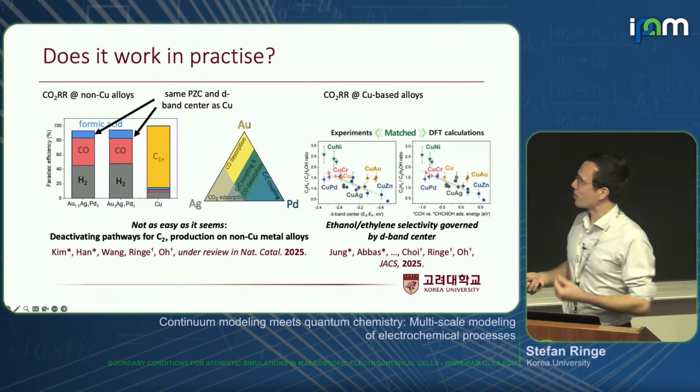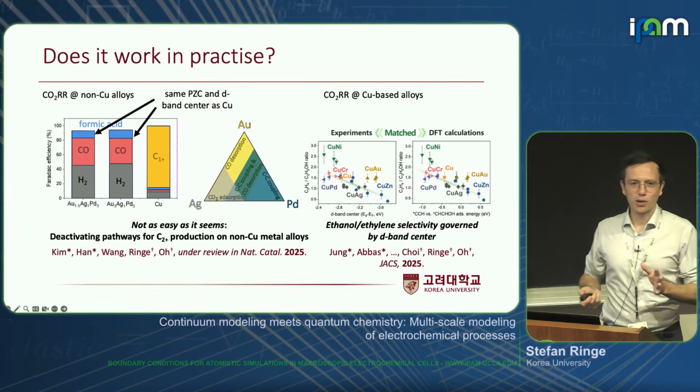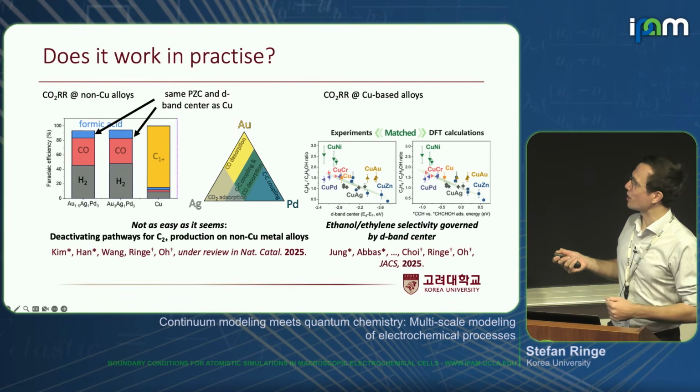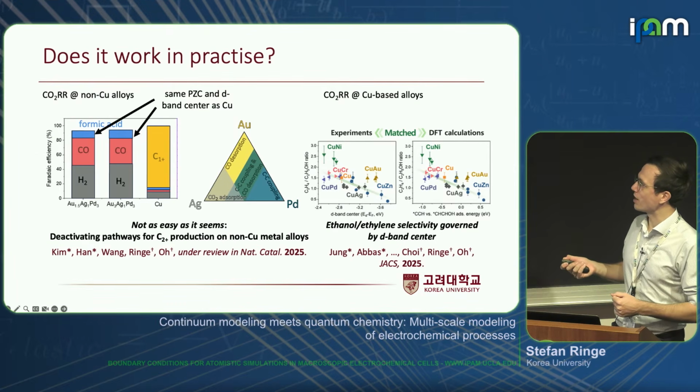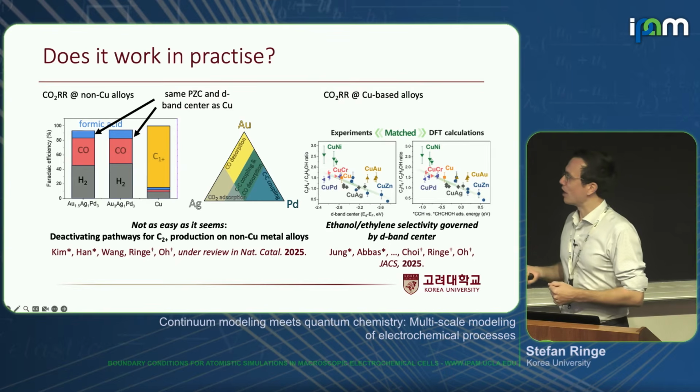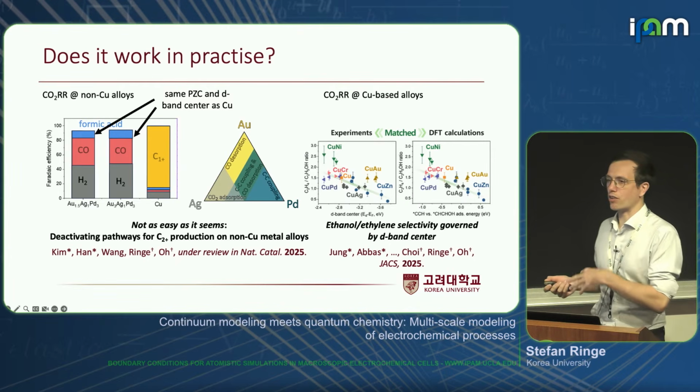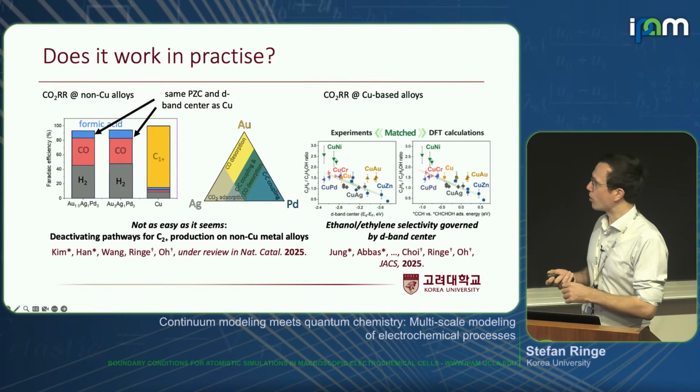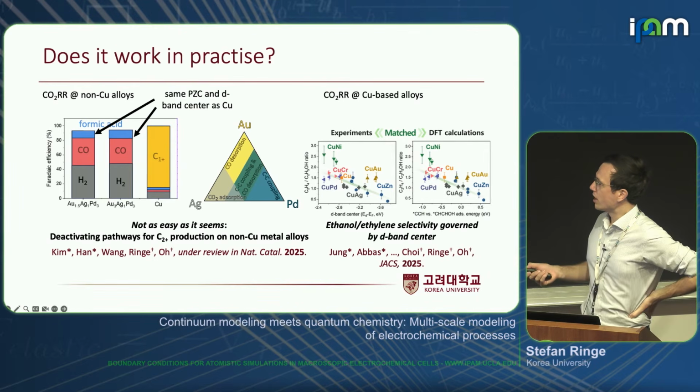So in the second project, we said, okay, copper is still the best. We cannot compete with it, so let's at least try to improve it. In this project, we added a lot of alloying metals to copper. And we found that it correlated reasonably with the d-band center.